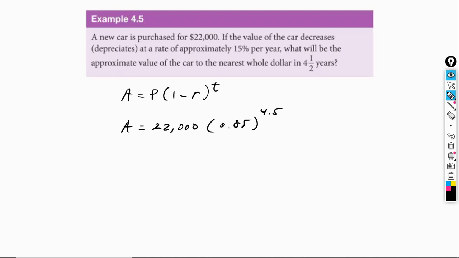So if you plug this into the calculator, you're going to get that it's going to be approximately 10,588. So the solution is in dollars, right? $10,588. We write it exact because they want the answer to the nearest whole dollar.